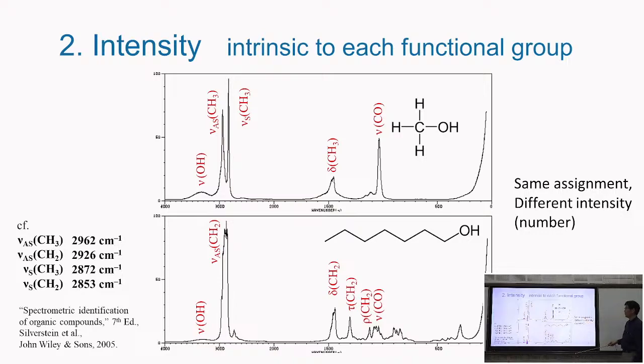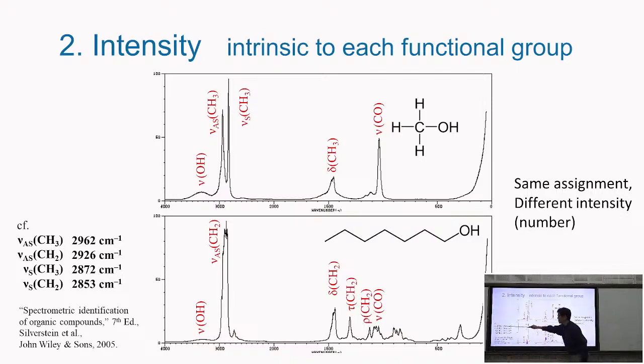But you see, the same peaks appear, deformation appears here, and CO appears here. But you see, the intensity is different. It's because the number of CH groups are different. So it involves many CH groups, so it becomes intense. And in this case, methyl group appears.